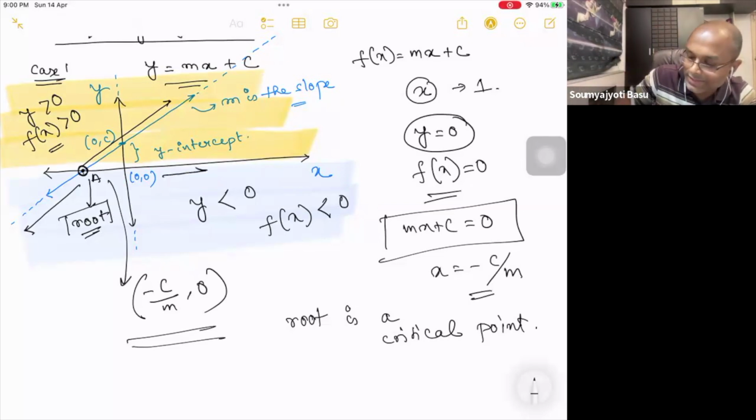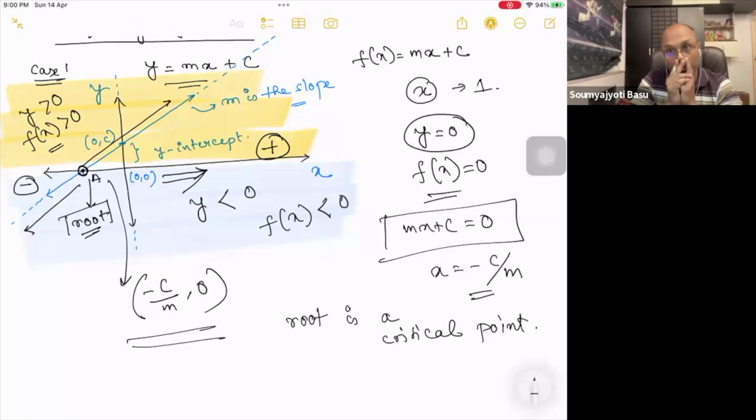Any value of x which lies right side of the root, the function is greater than 0. I can say that this region towards the right is a plus zone and the region to the left is a minus zone.